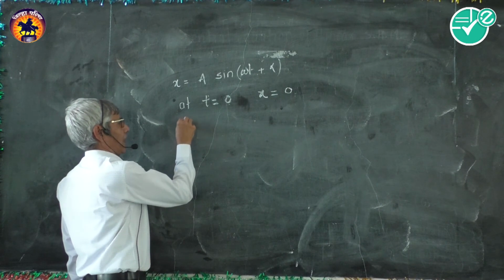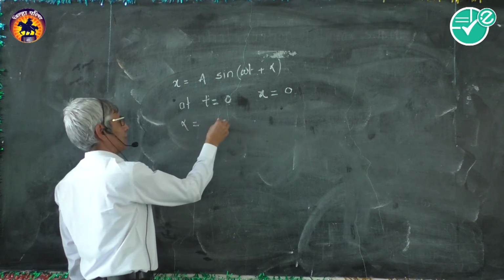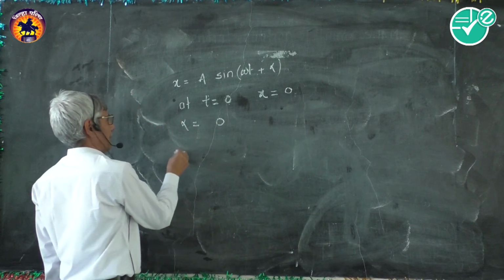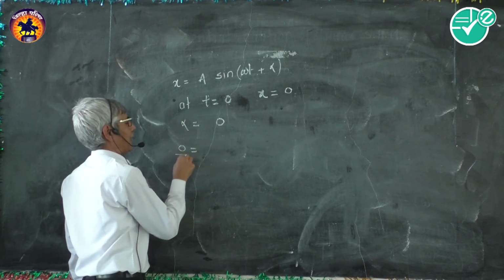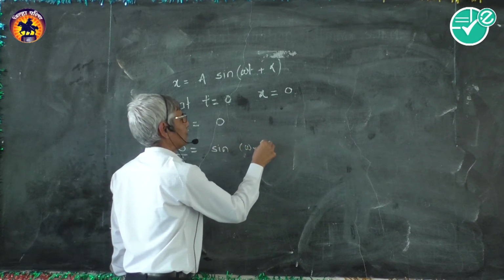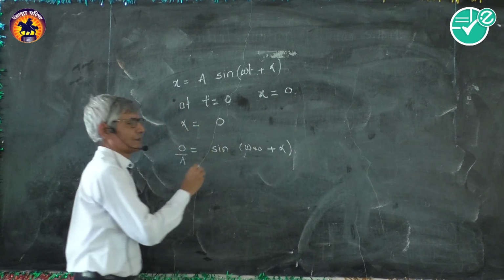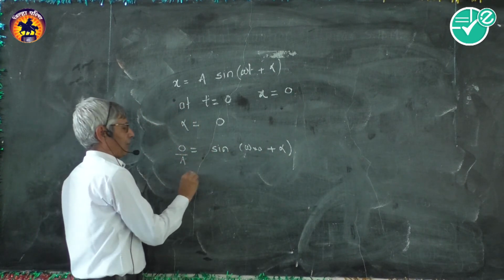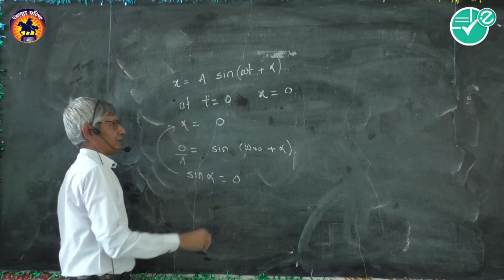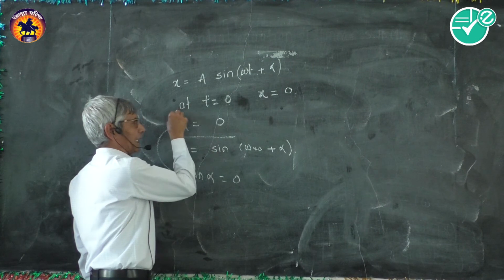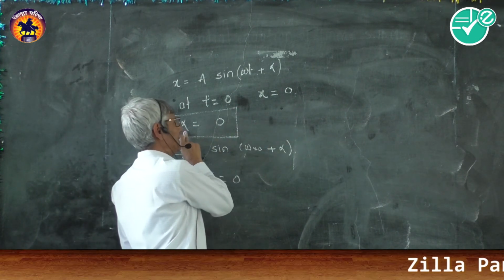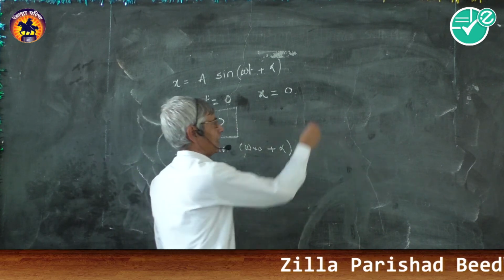Then alpha will have 0. That is 0 by A is equal to sin(omega into 0 plus alpha). So sin alpha is equal to 0, so it indicates alpha is 0. So whenever the particle starts its motion from the mean position, the initial phase alpha will be 0.